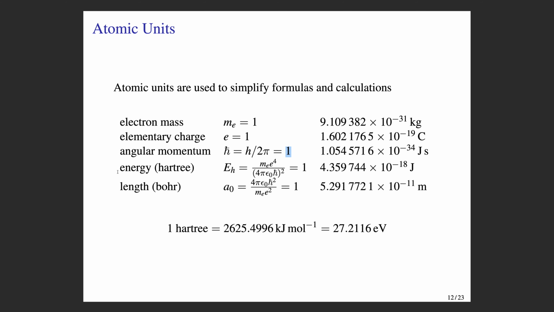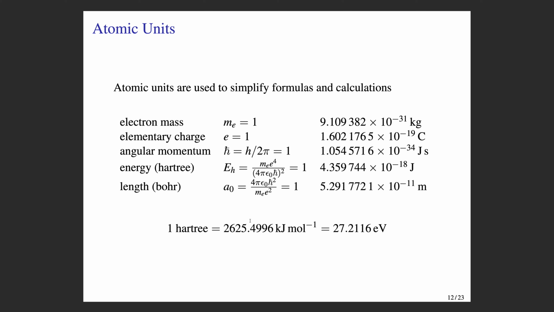The most important one for us by far is the energy unit that is reported in quantum chemistry calculations. The energy is reported in units of Hartrees, and that can be converted to kilojoules per mole, or electron volts, or you can just convert it to joules if you like.